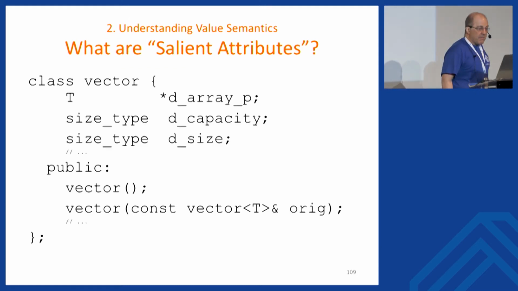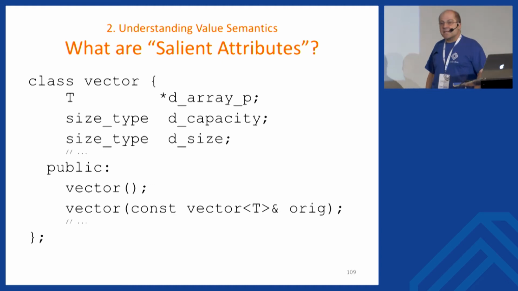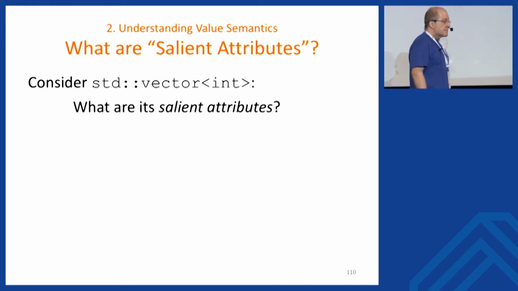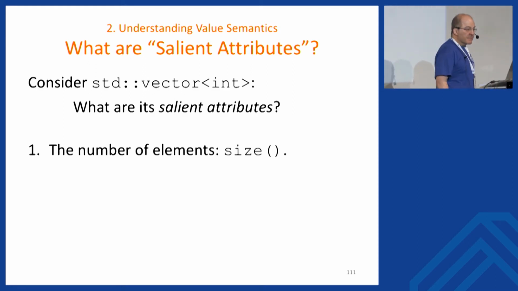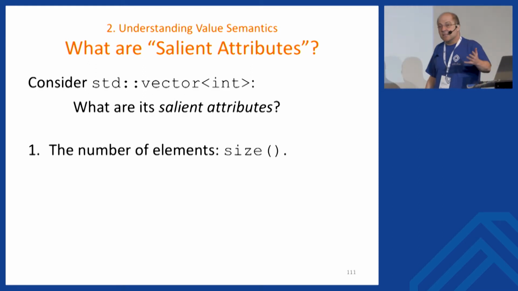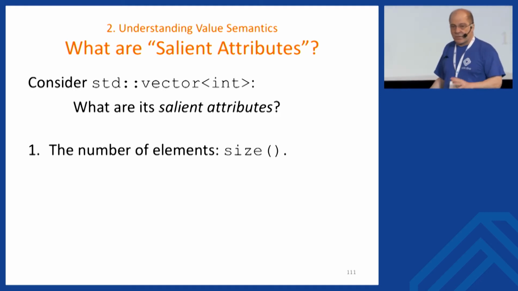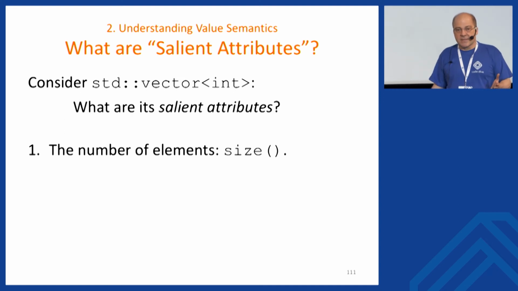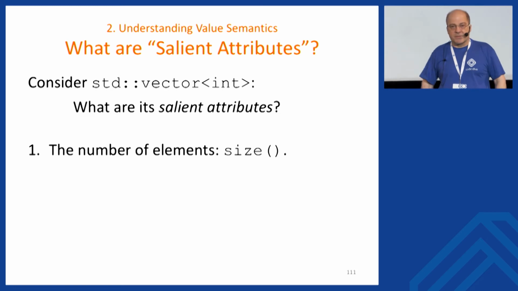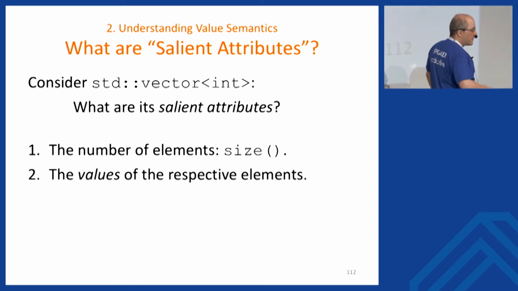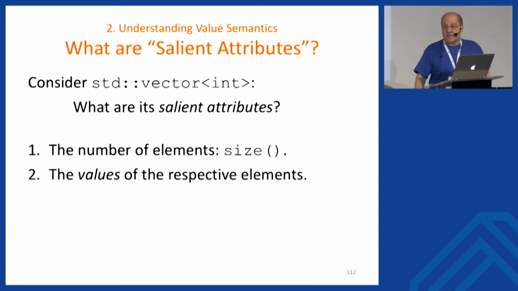So how about vector? Here's another test. What are the salient attributes of a vector? The size? Is that salient? If we're talking about a sequence of integers, do we need to know how many integers there are to talk about the value? Let's hope so. Because if I have a sequence of 3 integers and a sequence of 2 integers, do they represent the same thing? Hell no. So they better have the same cardinality. What about the respective values of the elements? Should they be the same?